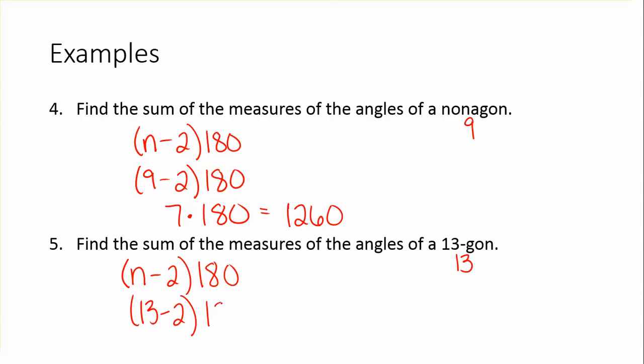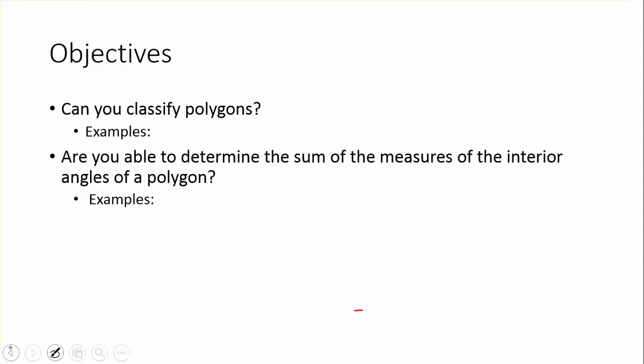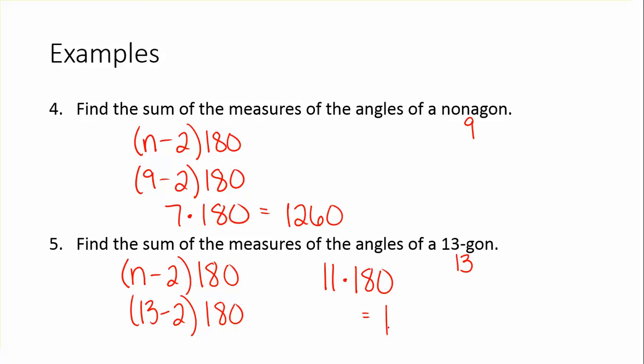We're going to subtract 2. Multiply that by 180, so it's 11 times 180. And that equals 1,980 degrees. So the measures of the interior angles of a 13-gon are 1,980 degrees.